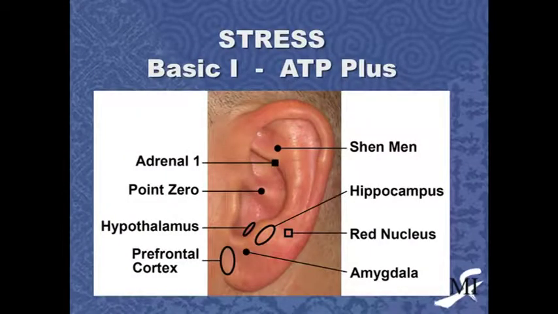If you look at the location of the red nucleus on this slide, it's a square, which is to say that we recommend that you take the red nucleus point on the posterior surface of the ear. It's a more effective point. It's the motor point. It's the point that will relax the muscles involved in the stress manifestation.